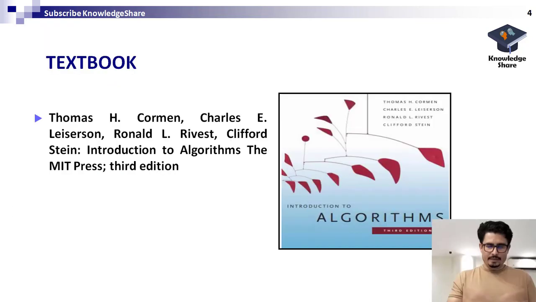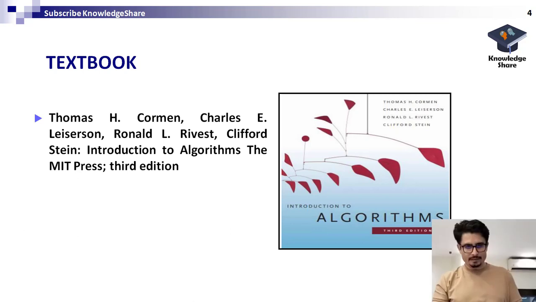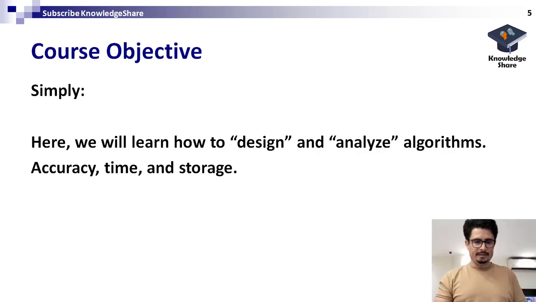So for the textbook I will recommend Thomas Cormen. Here you can see the different editions you can follow. We will have to learn designing and analyzing algorithms. For the designing we must have some problem, and then we should analyze that algorithm for time, accuracy and storage.